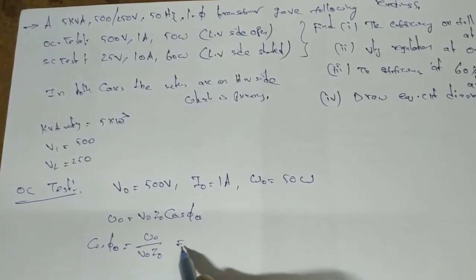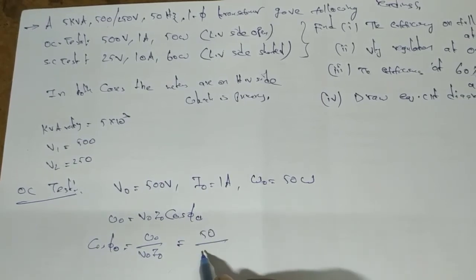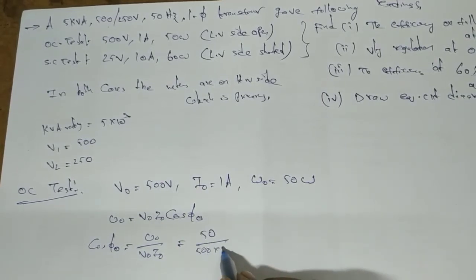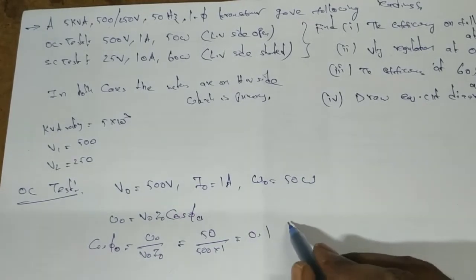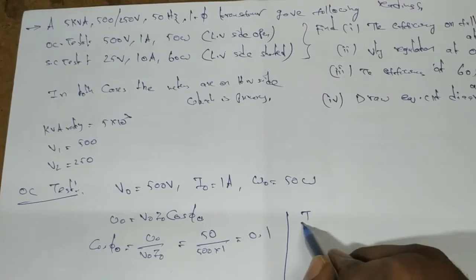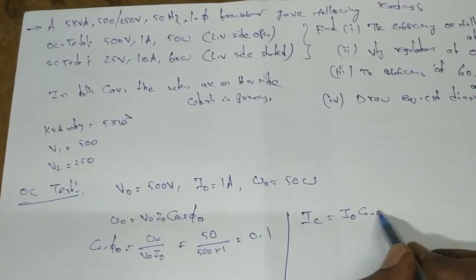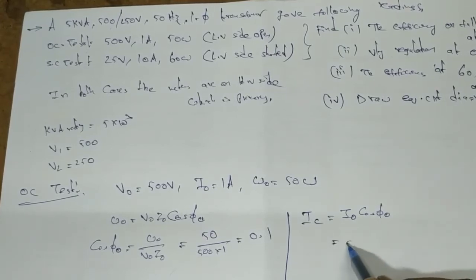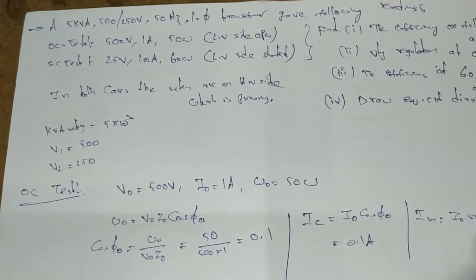From that, cos phi naught is W0 by V0 into I0. If you substitute those values and calculate, you will obtain cos phi naught as 0.1. And the core component Iw, that is I0 cos phi naught, we obtain as 0.1 amperes, and the magnetizing component Im, I0 sin phi naught, we obtain as 0.9949 amperes.